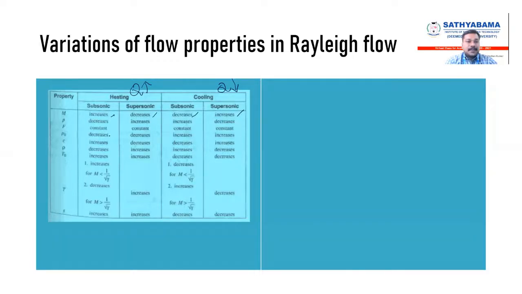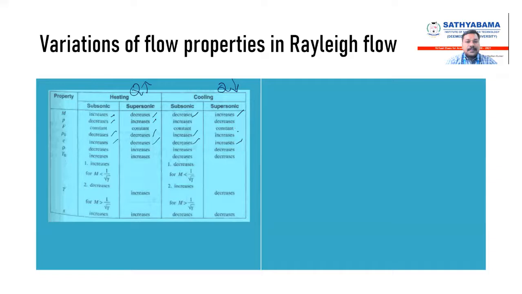Whatever is followed for the Mach number is followed for velocity also. Then when we talk about pressure, your static pressure decreases for subsonic flow and increases for supersonic flow, but your stagnation pressure decreases in both subsonic and supersonic flow during heating.